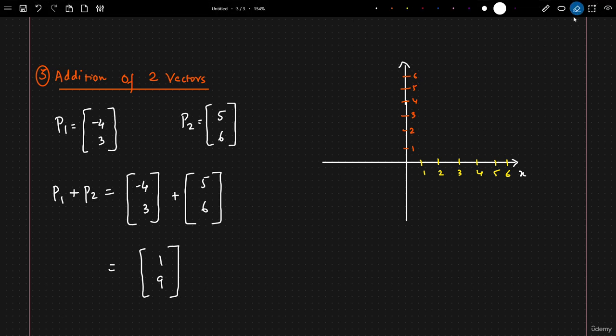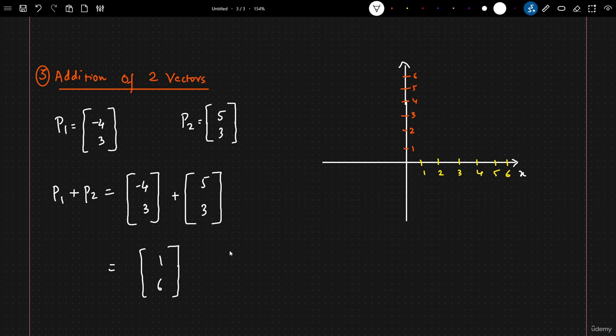Instead of writing 5 with 6, I will write 5 with 3, so that whenever we do the addition over here, I'm just going to keep this number 3, and here also we will write 6.